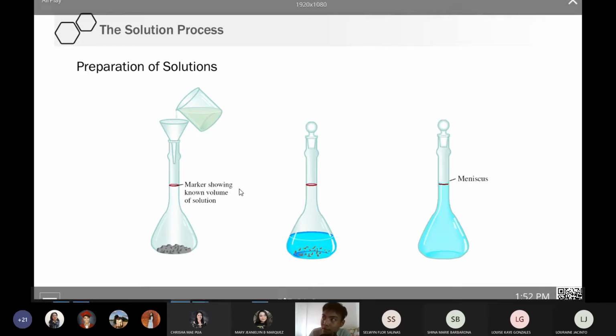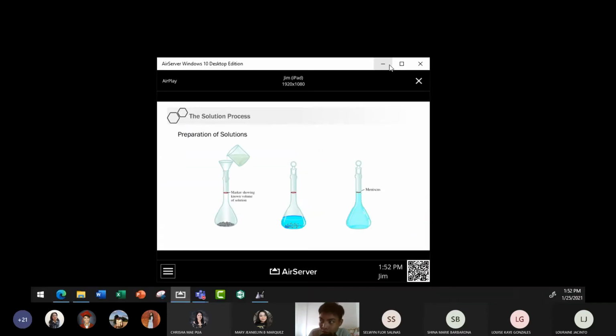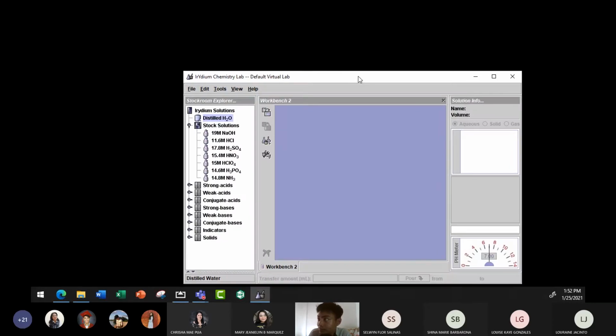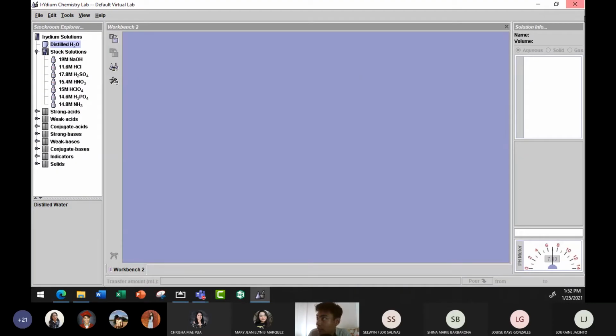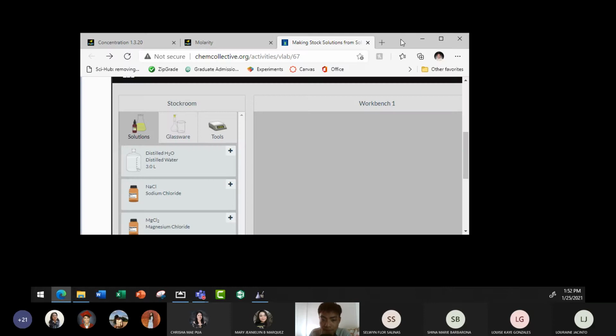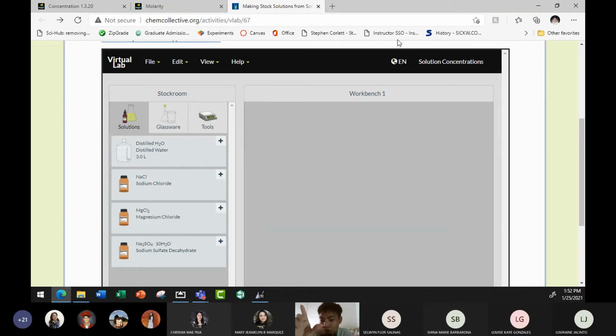Okay? So, since wala tayo sa lab, mag-virtual lab tayo. So, pakita natin how to prepare solution. Paki-zoom na lang yung inyong screens. Pwede nyo gawin yan, especially kapag nasa cellphone kayo, i-pinch nyo yung ating screen.